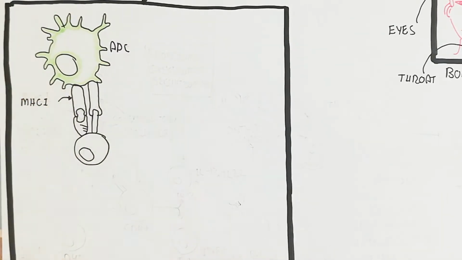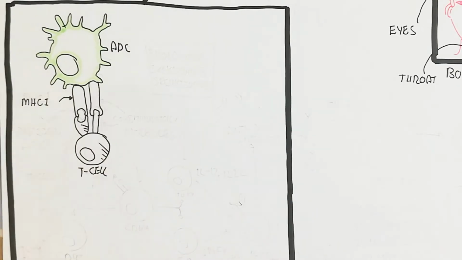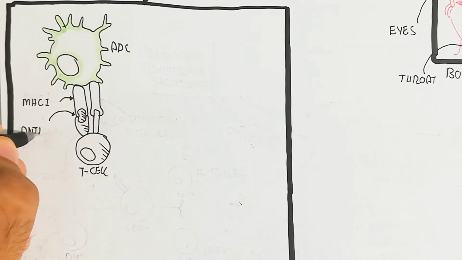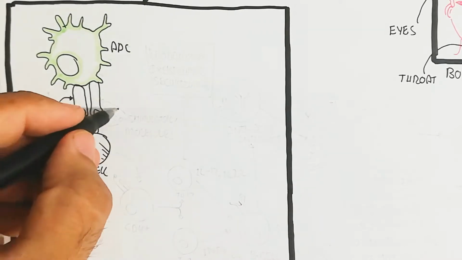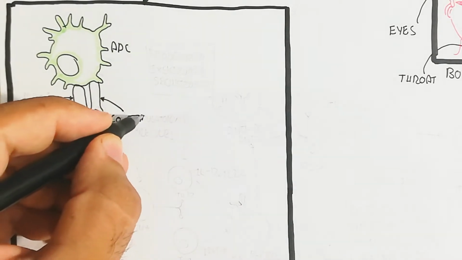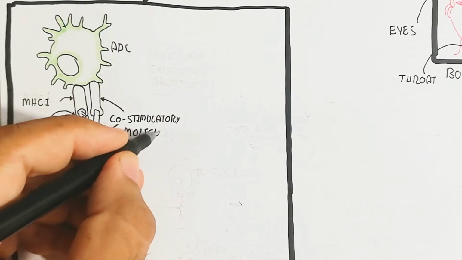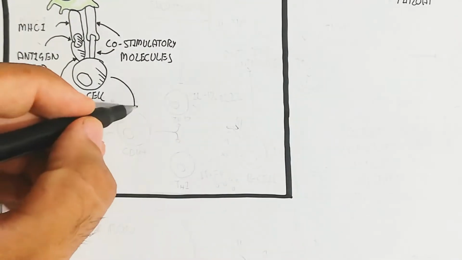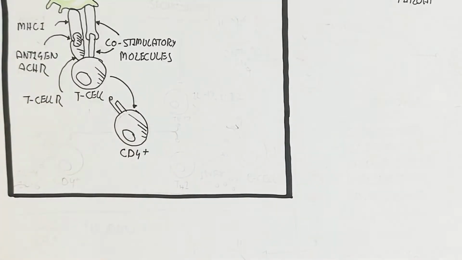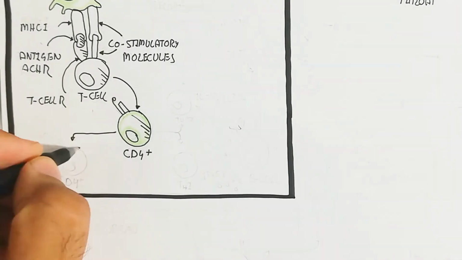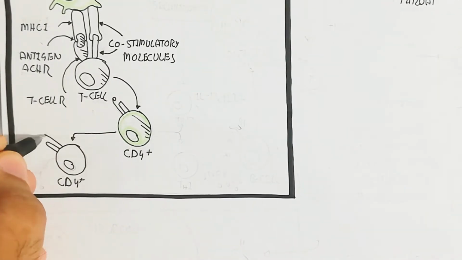The antigen presenting cell presents the antigen, the acetylcholine receptor from the neuromuscular junction, on the MHC class 1 molecule to the T cell receptor via a co-stimulatory molecule. After recognition, the T cell will proliferate into CD4 positive T helper cells, T helper 17 and T helper 1 cells.